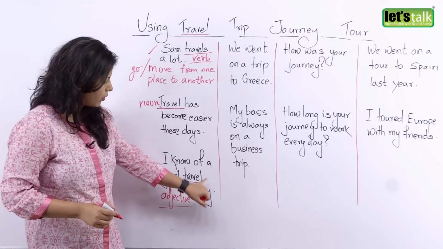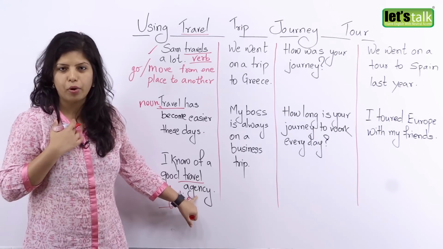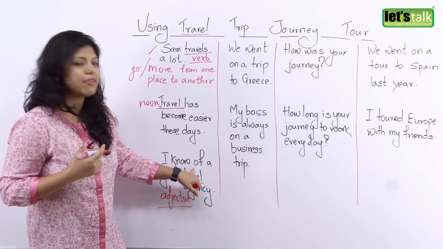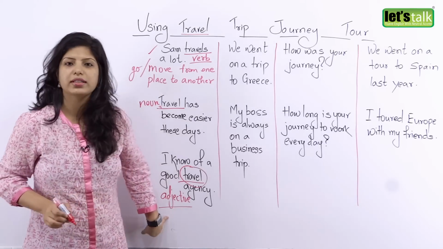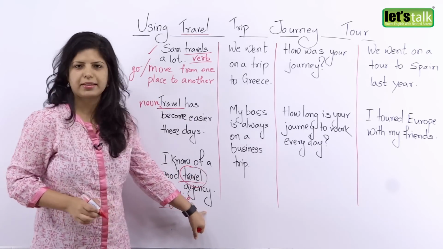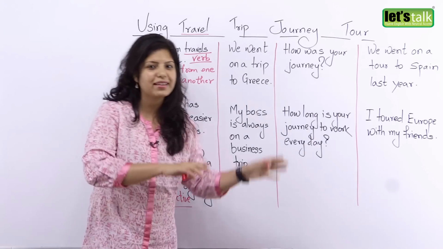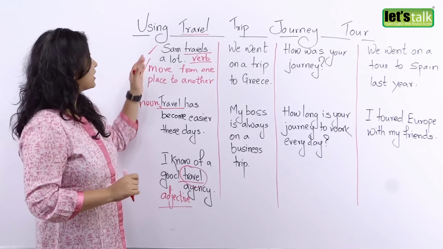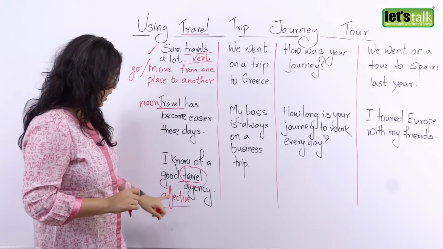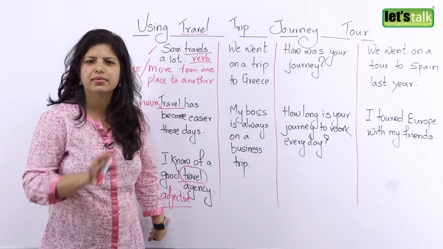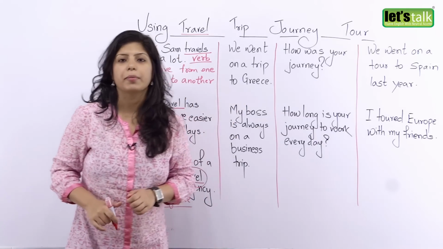Well, that's because over here it tells you what kind of an agency I know of. I know of a travel-related agency, okay? An adjective tells you what kind, so I know of a travel agency. So all in all, travel means to go from one place to another place. It can be used as a verb as you see here, as a noun and even as an adjective. Plain and simple. Let's move on now to trip.